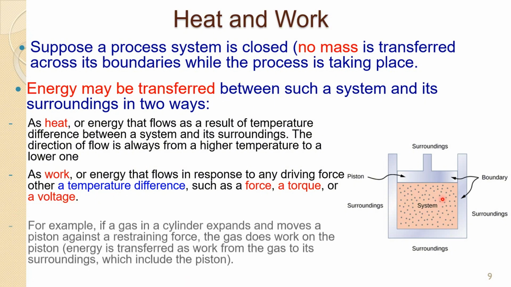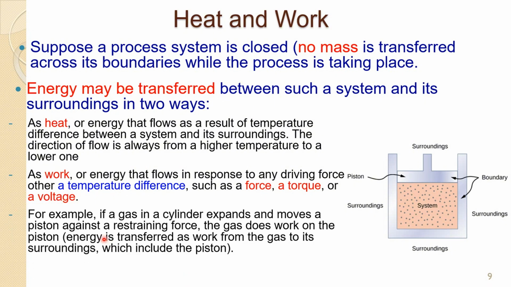For example, if a gas in a cylinder expands and moves a piston against the restraining force, the gas does work on the piston. So the energy is transferred as work from the gas to its surroundings, which include the piston.